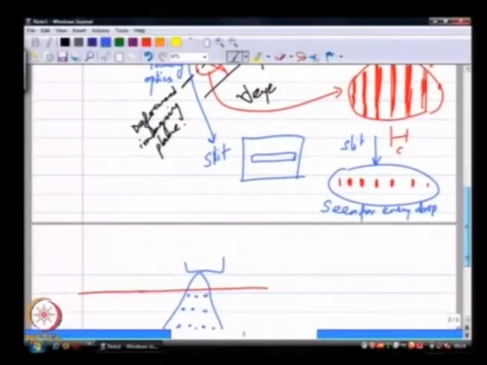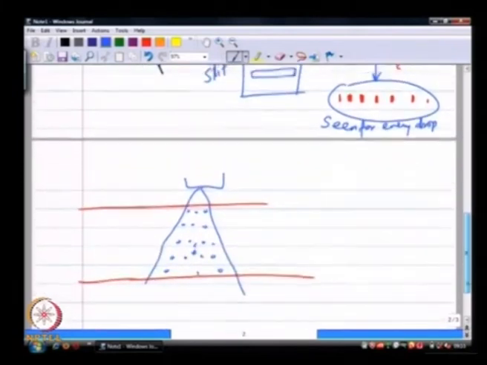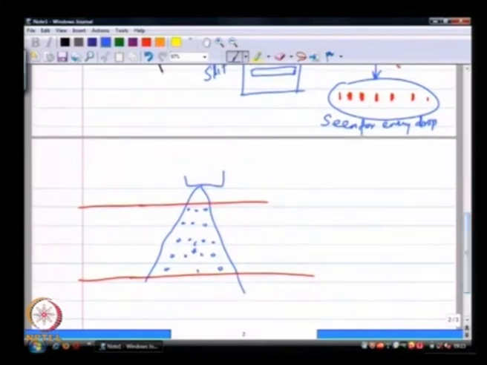Okay. So, once I know the fringe spacing and the position, and I have a bunch of these for every one of these drops, we are able to extract drop size information for every one of the drops.